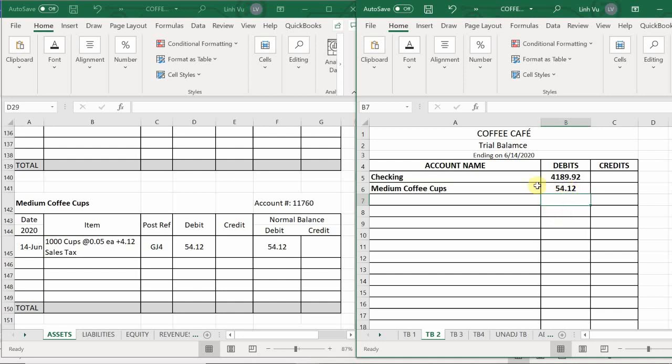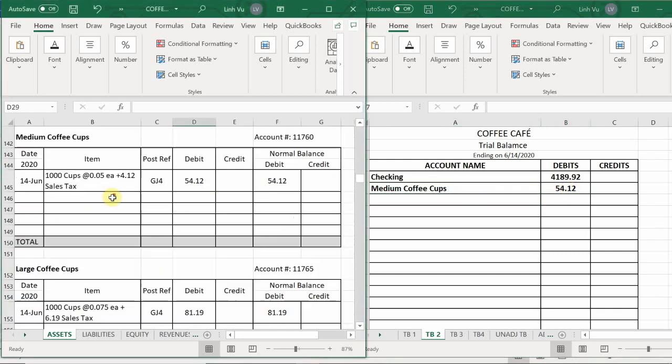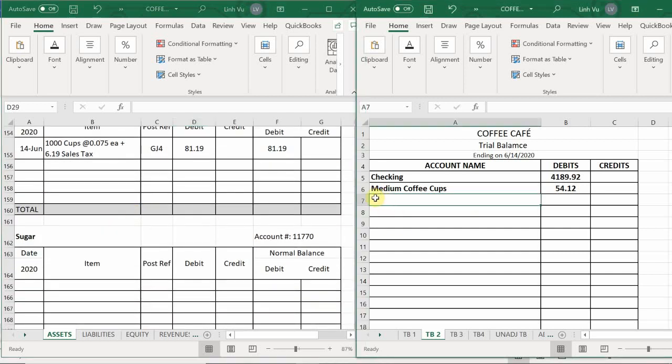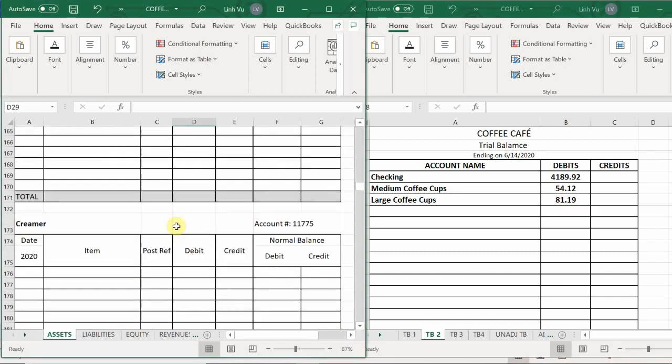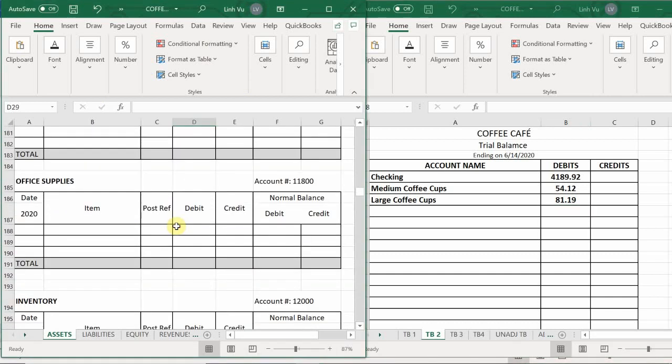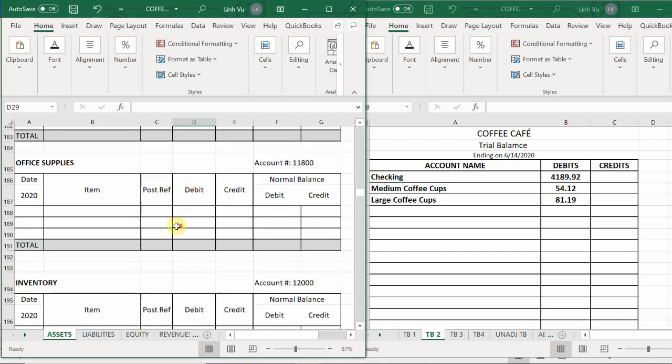Not only did we buy medium cups, we also bought large cups, which in this case is $81.19. We haven't bought any sugar or creamer yet. We haven't bought office supplies yet.